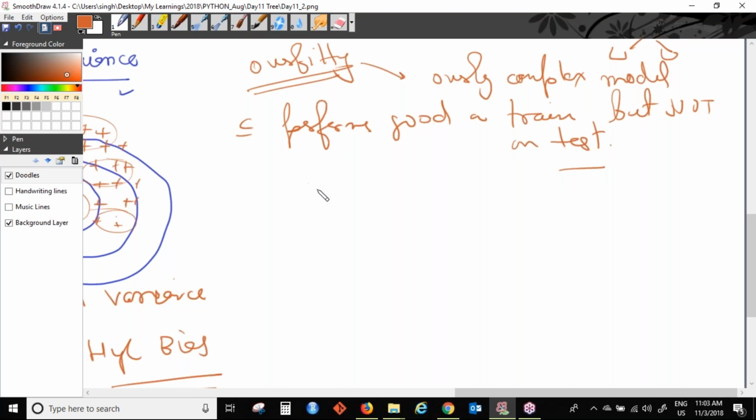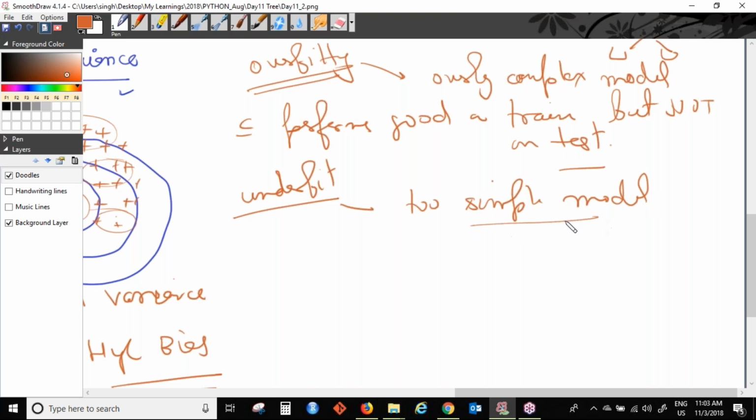That's an overfit model. And similarly, underfit model is a too simple model. A very simple model is an underfit model. It neither performs good on training nor on test.